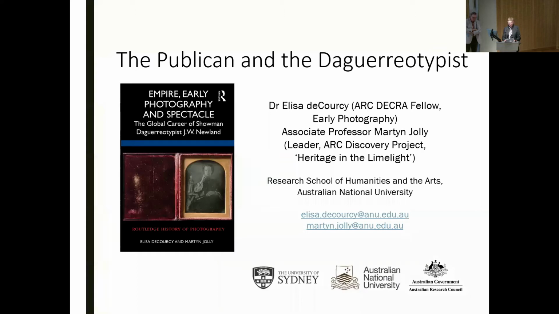Before handing over though, I'll introduce our 3 speakers. Dr Elisa deCourcy is an art historian with a broad interest in the use and development of visual technologies in the 19th and early 20th centuries. She is an ARC DECRA Fellow with the project Capturing Foundational Australian Photography in a Globalising World, based at ANU.